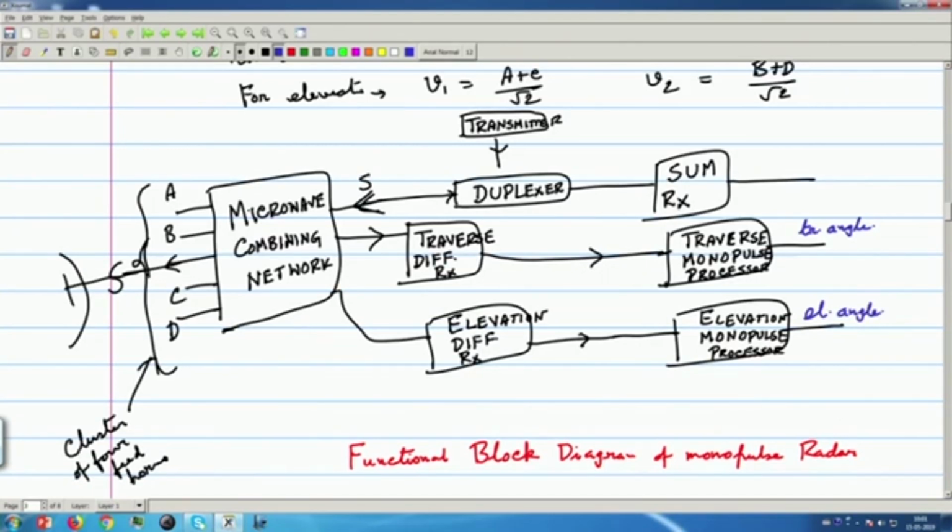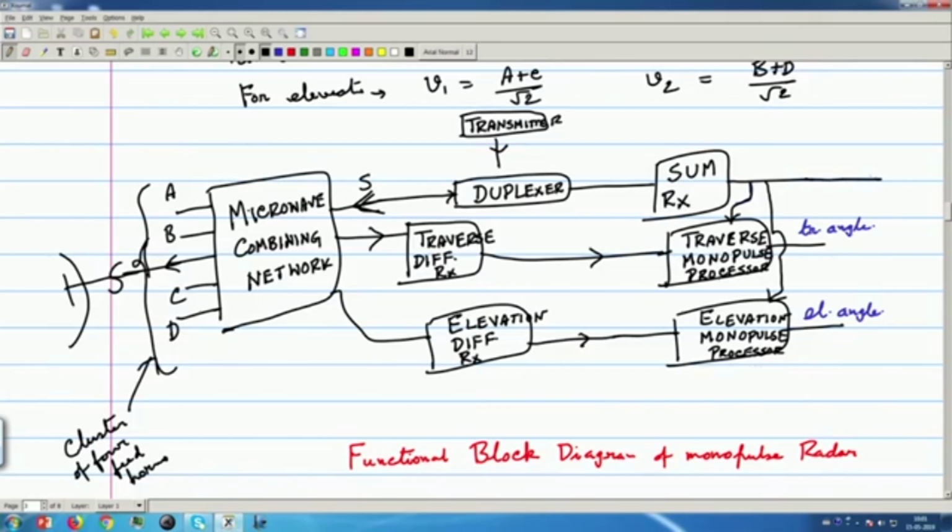The sum receiver output also has to be fed to this processor, and the sum receiver output also needs to be put at the input of the elevation monopulse processor, then only they will be able to process.